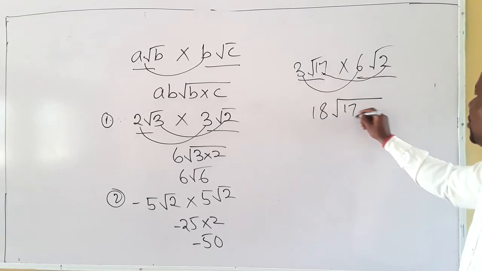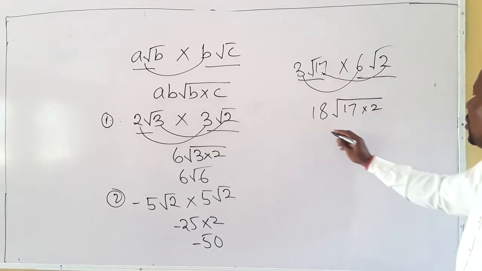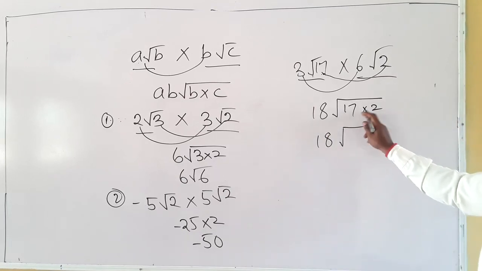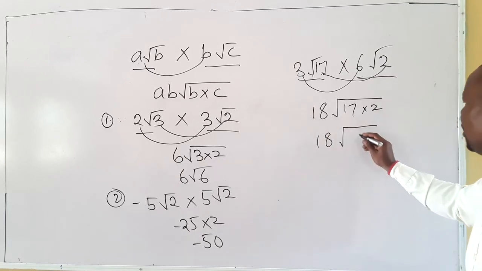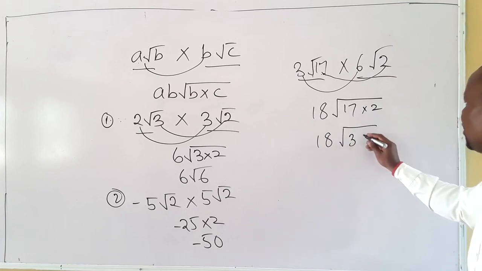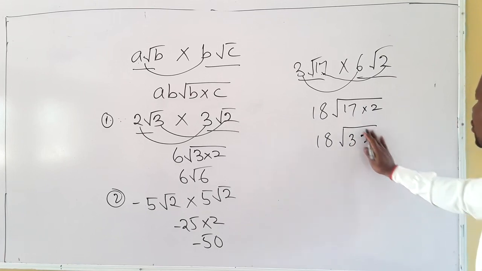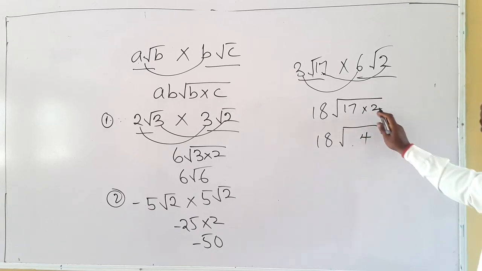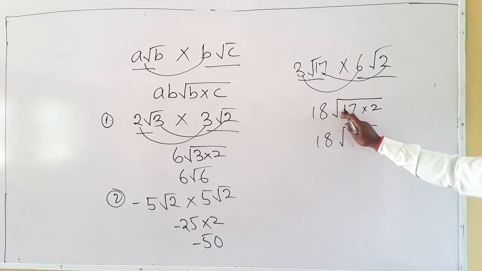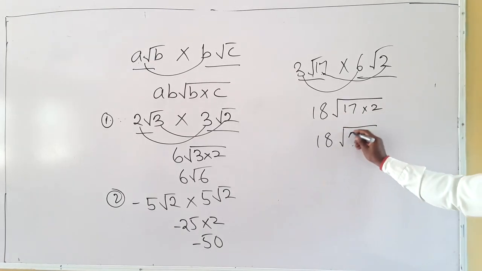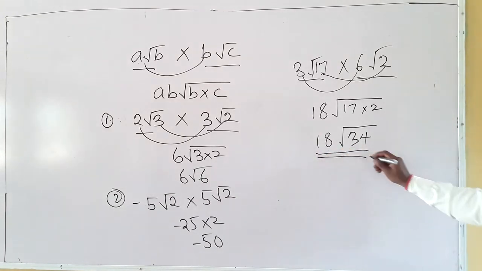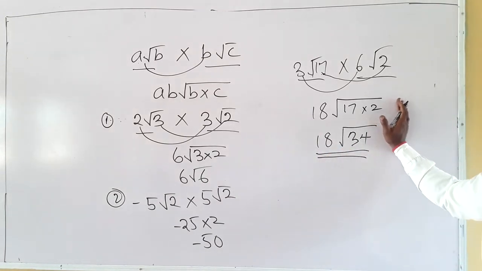That will be 17 times 2. Now this is 18 root, 17 times 2 is 34. 2 times 7 is 14, put down 4, carry 1. 2 times 1 is 2 plus that one, that is 3. So that is root 34. So this is how we multiply surds.